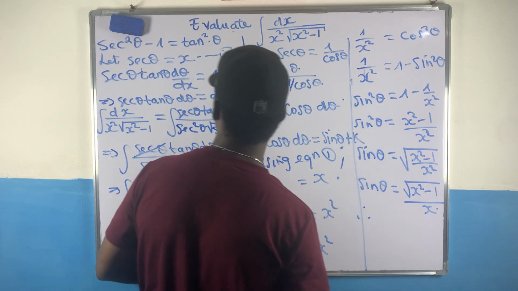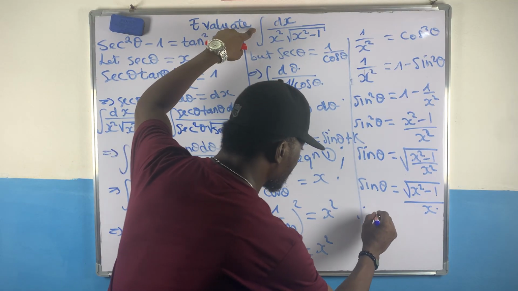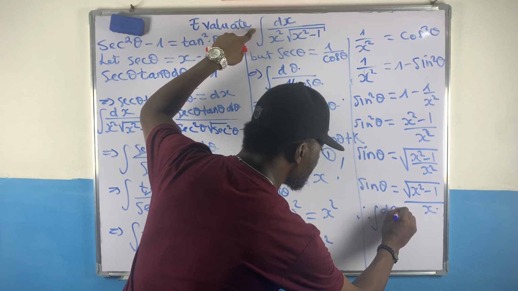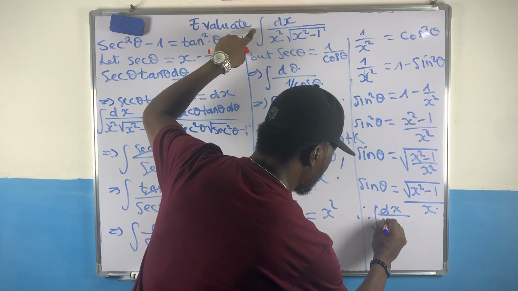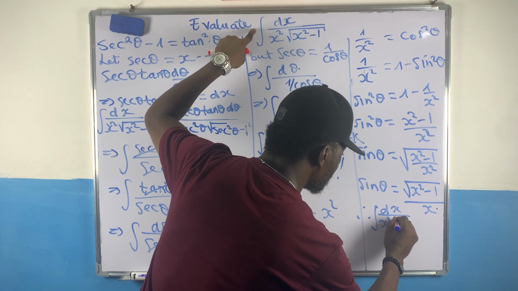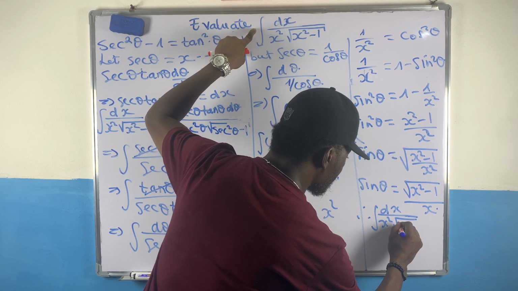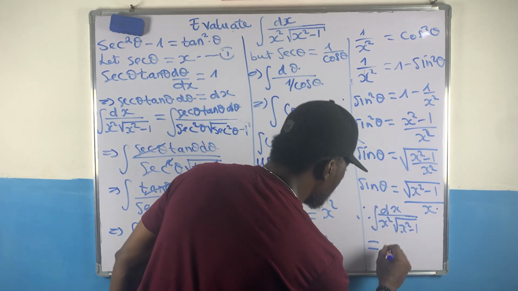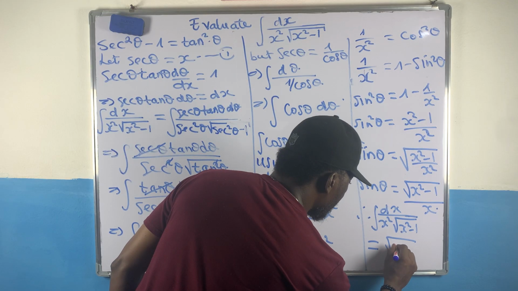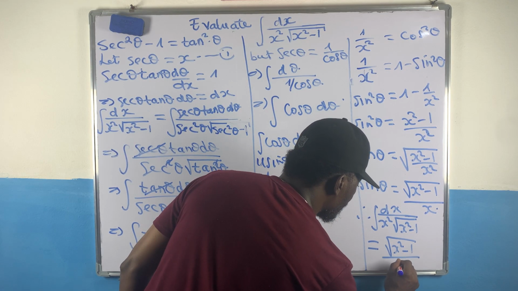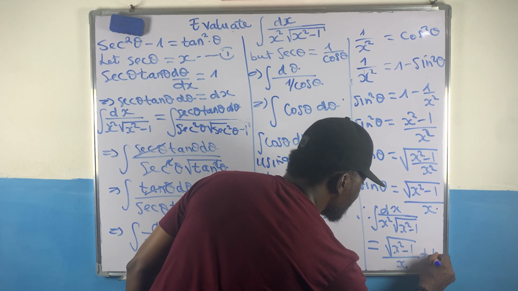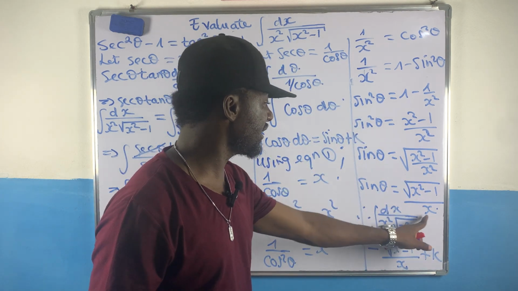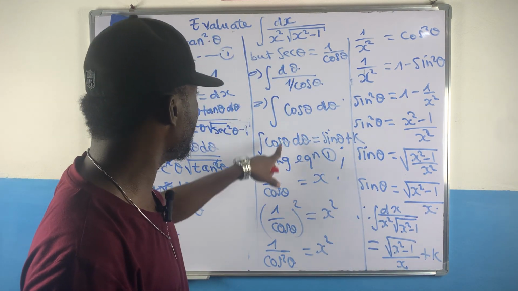So therefore, the integral of dx all on x squared times the root of x squared minus 1 is equal to the root of x squared minus 1 all on x plus k.